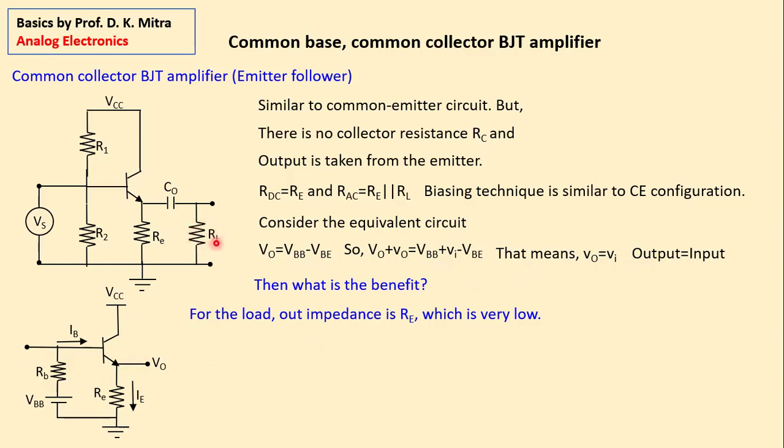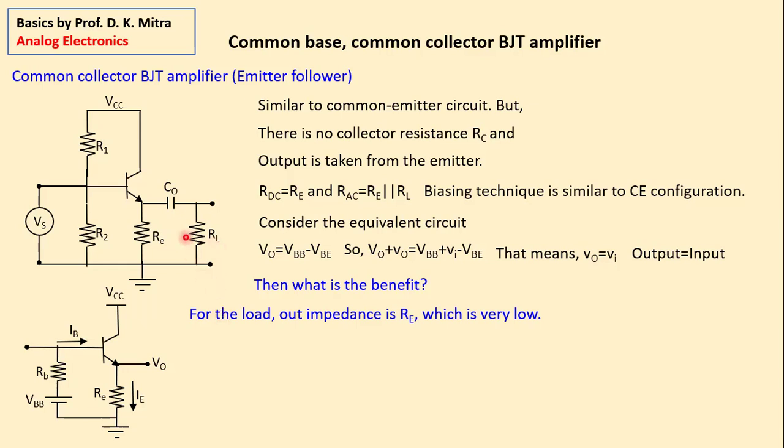This load is somebody else's equipment. And you know, if you have any equipment and if you want to connect it to the output of another equipment, then you always want the output resistance of that equipment should be lowest possible. Always, that is what you want, and why, that you have learned in your circuit theory classes.